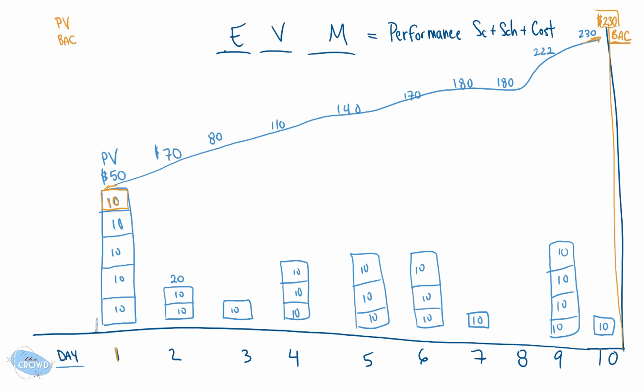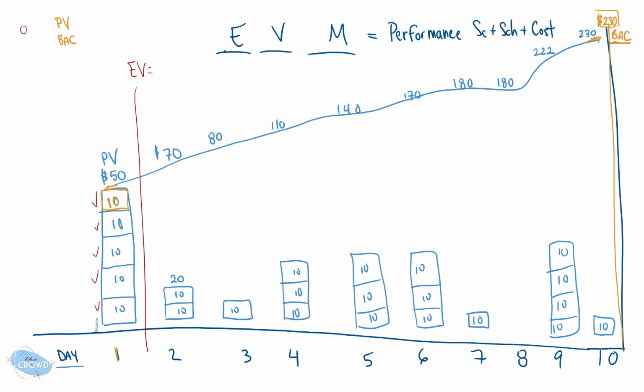Now, let's add a little bit more to this. Let's say we actually are working on this project, and by the time day 1 is complete, let's say that everything we expected to be done is in fact done. So, what could be said about what we have earned, which is abbreviated as EV, the earned value, the value that we have earned in the project?